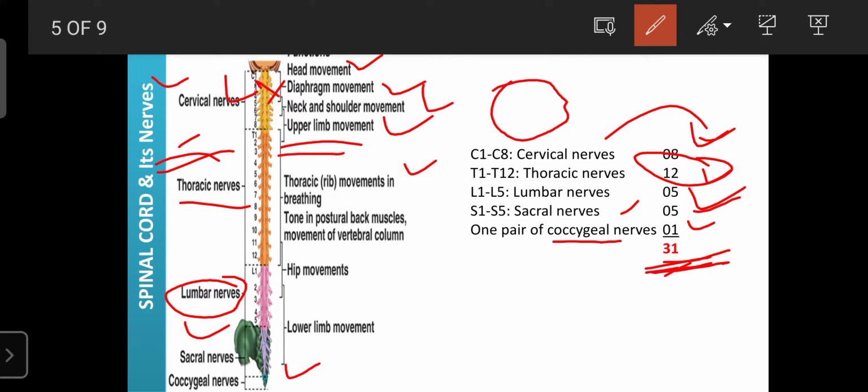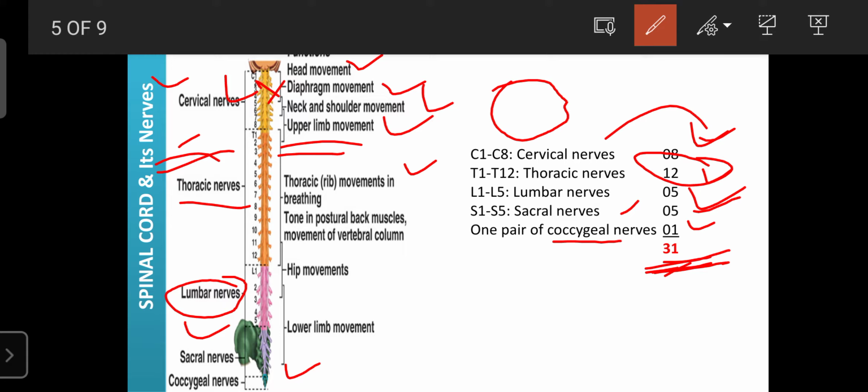If they are contracted, especially the external intercostal muscles, inspiration occurs. If the respiratory muscles are relaxed, then expiration occurs. That's why the thoracic spinal nerves are involved in the regulation of thoracic movements during breathing, especially inspiration or expiration, inhalation or exhalation.